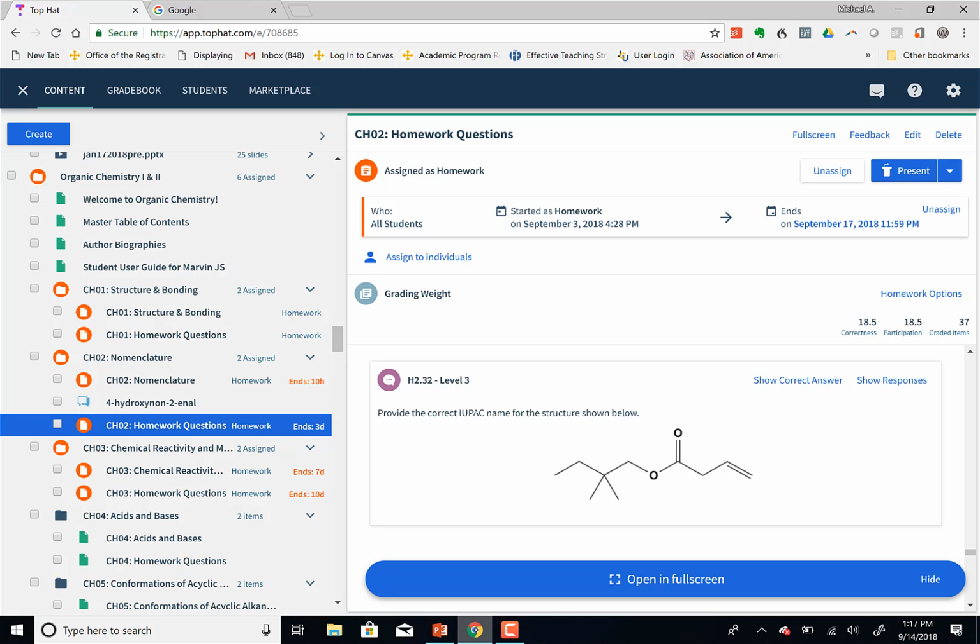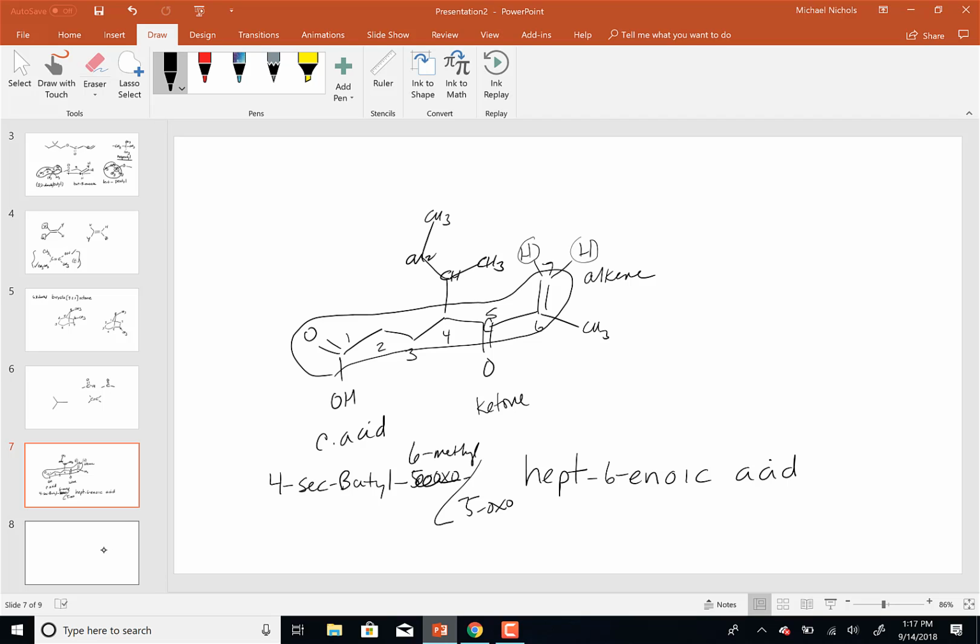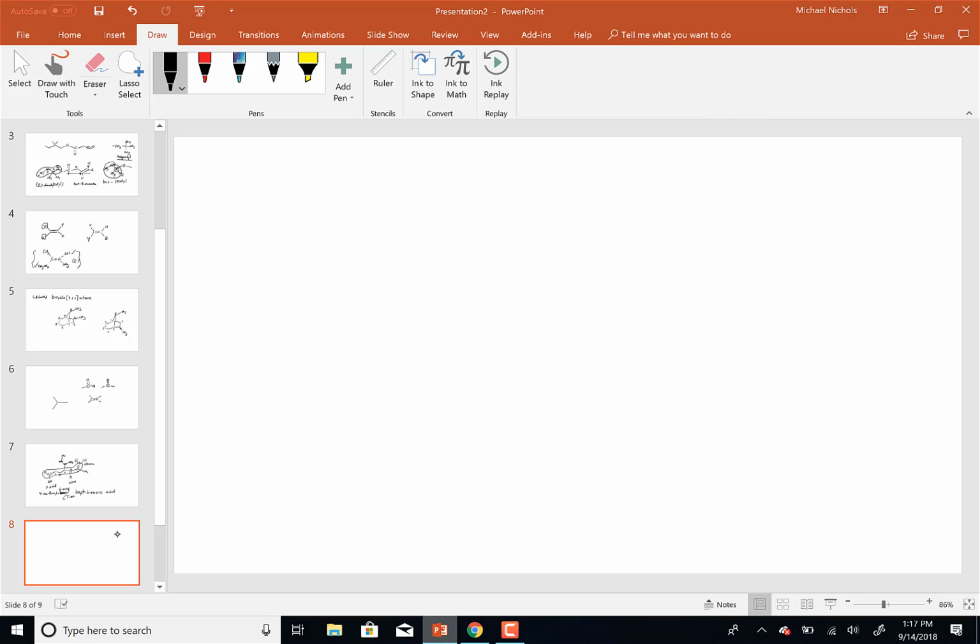So, this is an ester. So how do we name esters? I don't think we've done an ester in class. The way we think about esters is this.